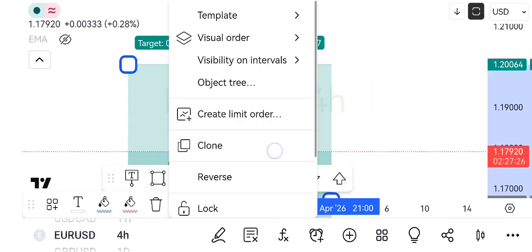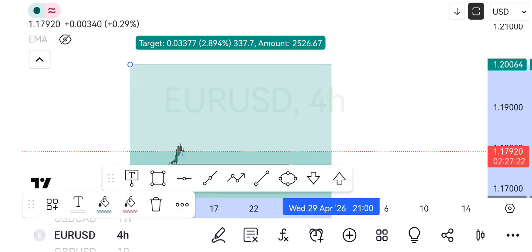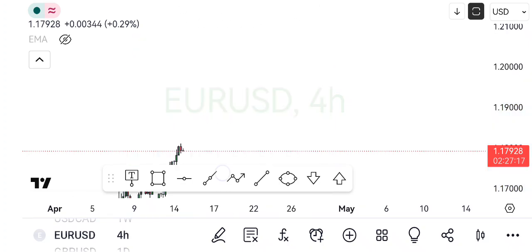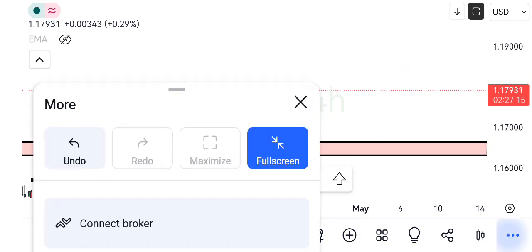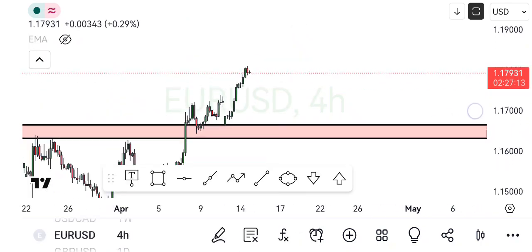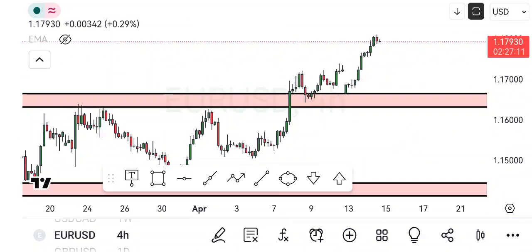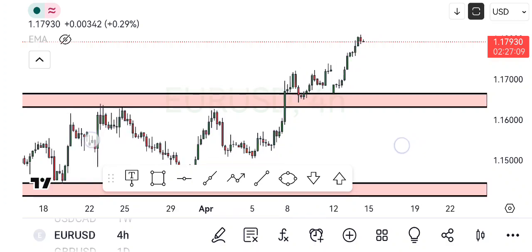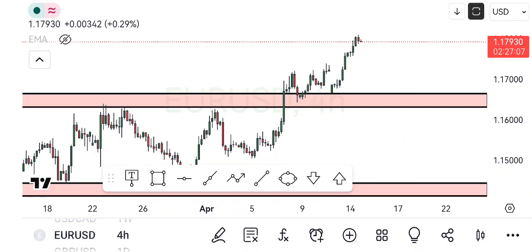Let me go ahead and hide this, no longer useful. Hide it. So now I am faced with this H4 time frame like this. Now I must modify it so that I can have proper areas to enter from.